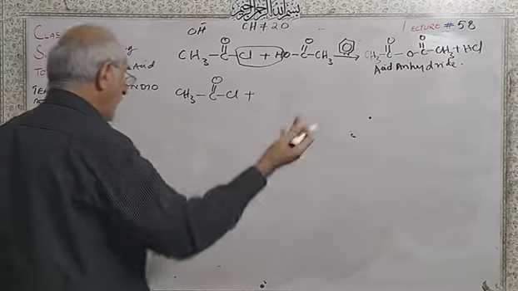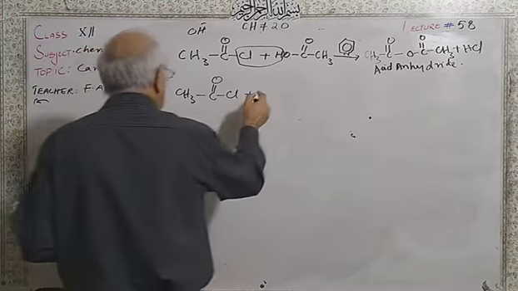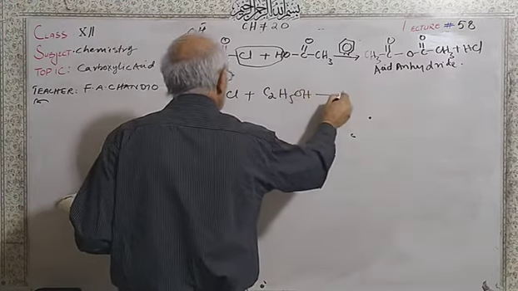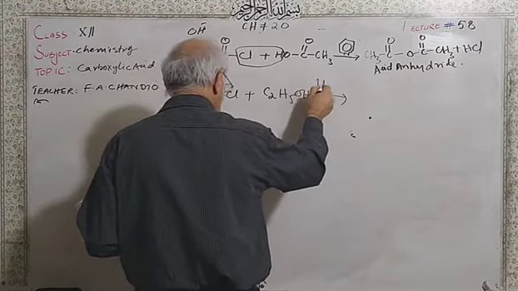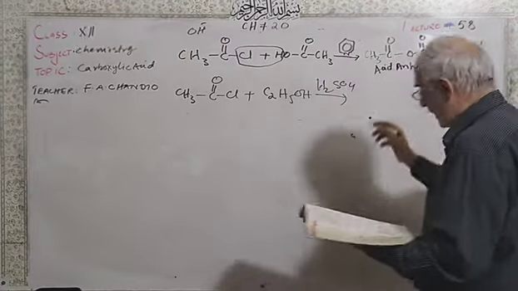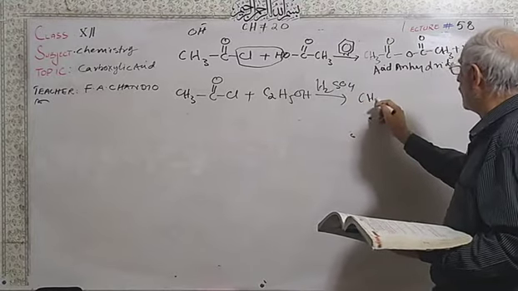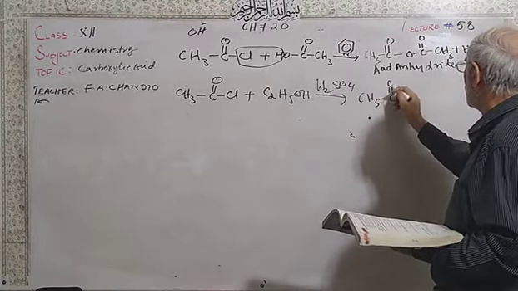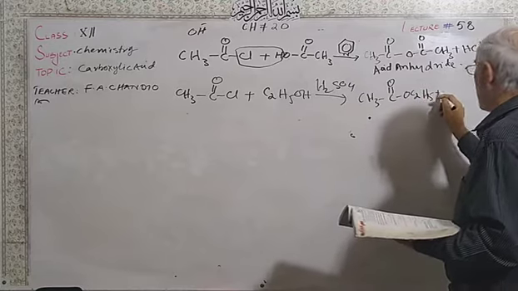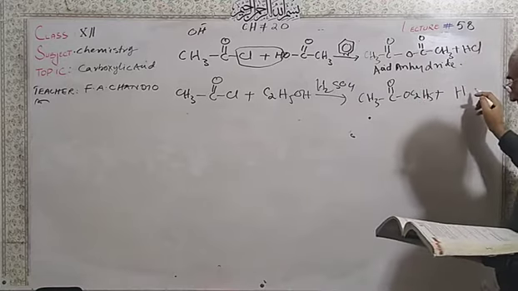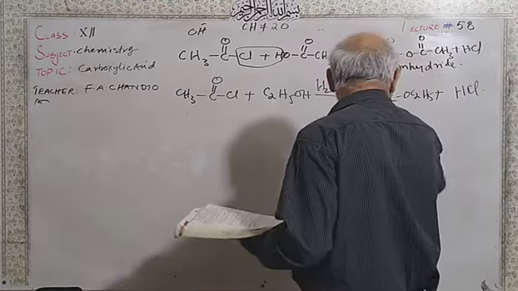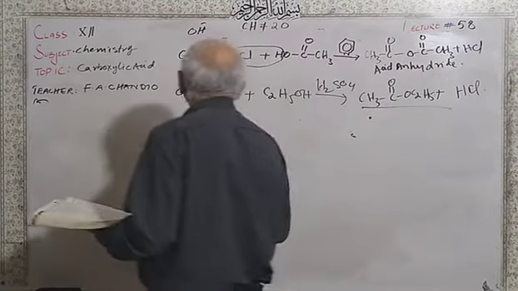That's why you can prepare others also. Acid chloride reaction with alcohol in the presence of sulfuric acid, again you will get ester. This is the same ester, ethyl ester, and you will get HCl. I wrote this one previously.